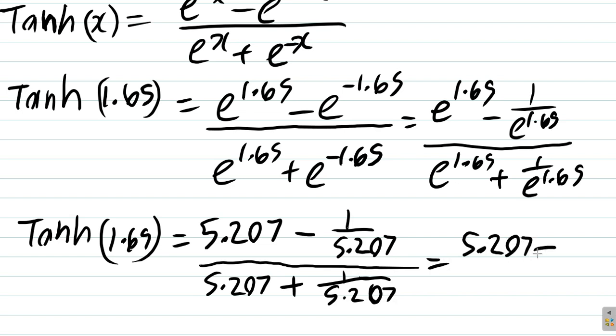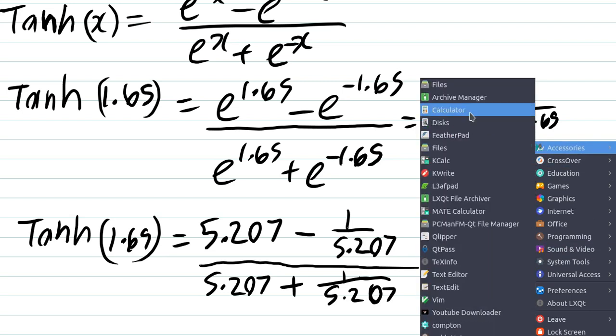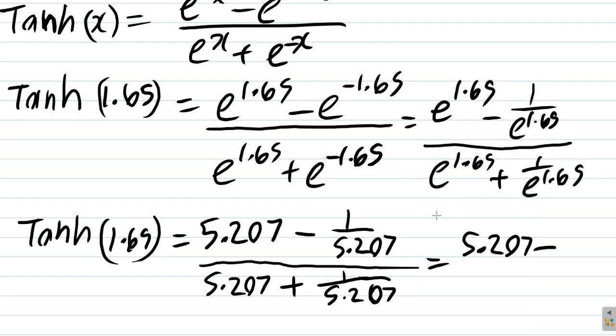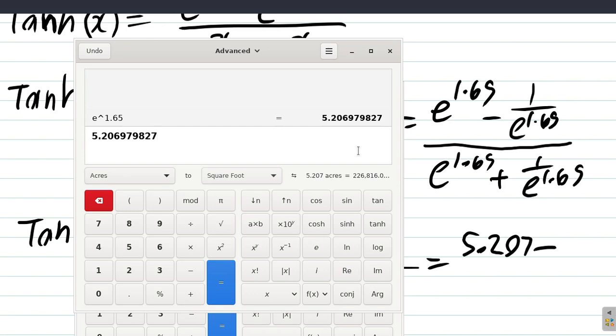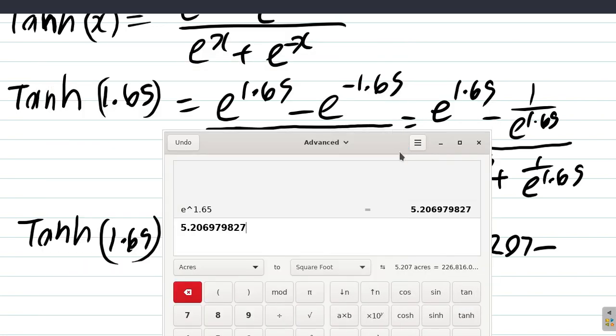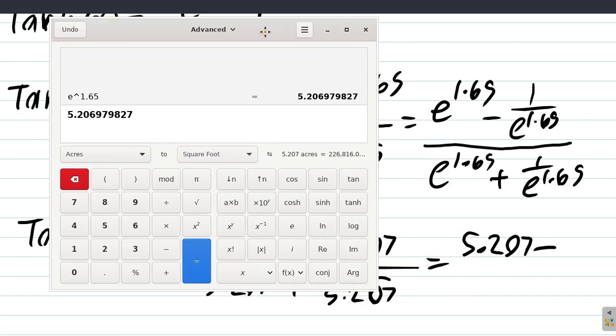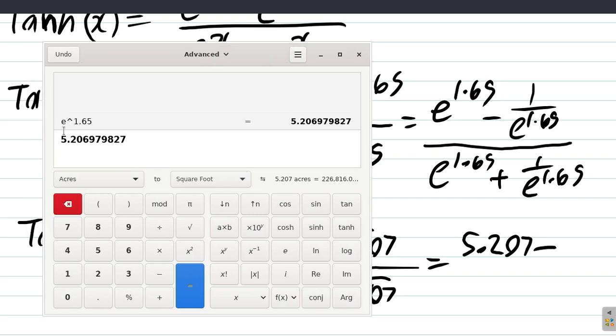Equal 5.207 minus, let's take this as a single number. So here now, 1 divided by 5.207, let's put 1 over that, equal 0.192.